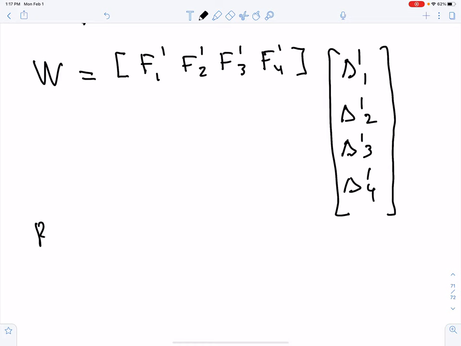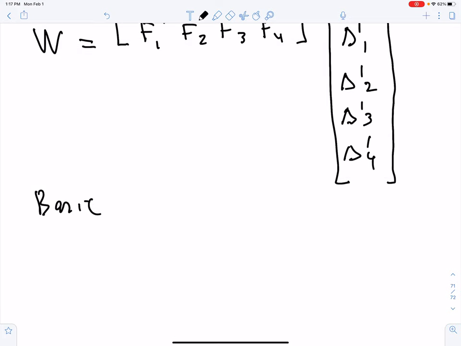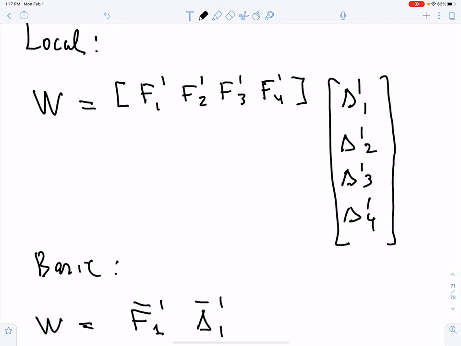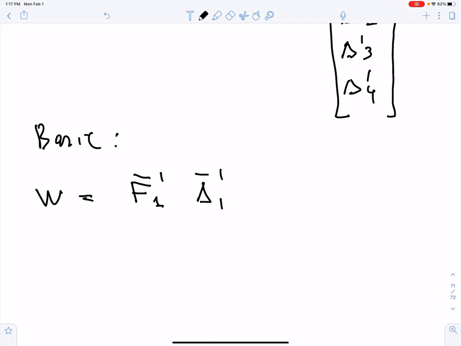In the basic system, work equals F over bar prime 1, which is a basic force, times delta over bar prime 1, basic displacement. Okay. Next, I will use the relationship between delta prime and delta prime over bar.